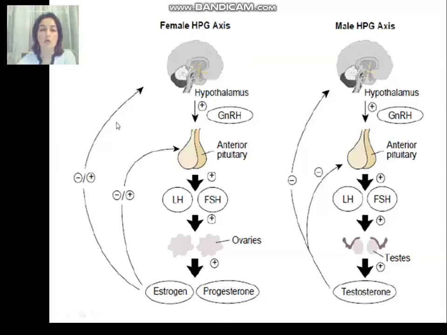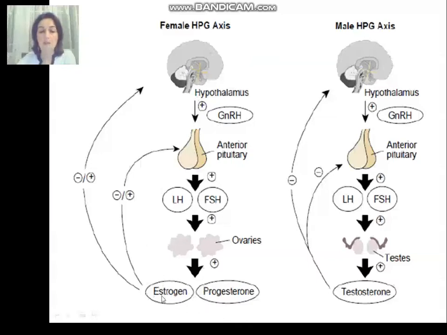The hormones which circulate within the bloodstream will have a negative impact on the hypothalamus, and the hypothalamus will stop, or at least decrease, production of gonadotropin releasing hormone. So it is negative feedback if the hormone is produced in enough amount.